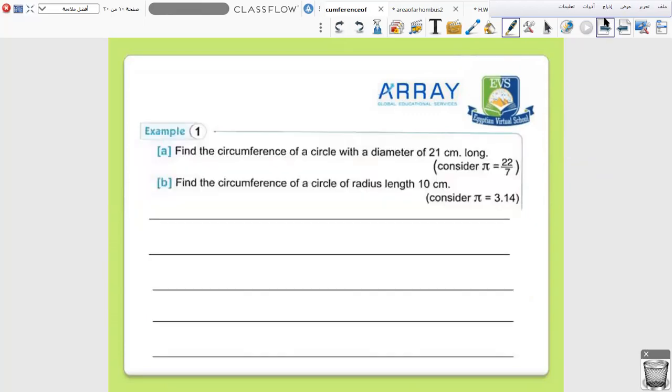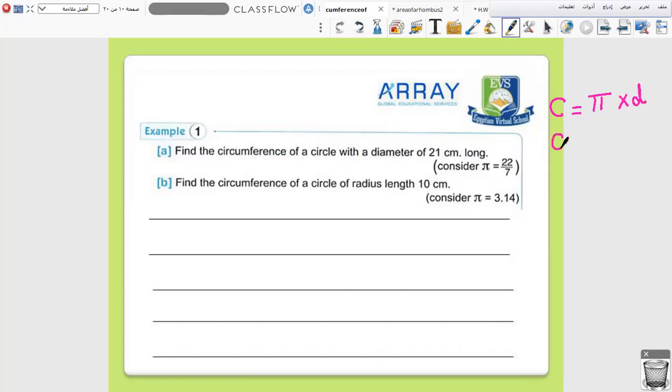Okay. Now, example 1. Find the circumference of a circle with a diameter of 21 centimeters. Again, there are two rules to get the circumference of the circle. The first is circumference equals pi times diameter length.